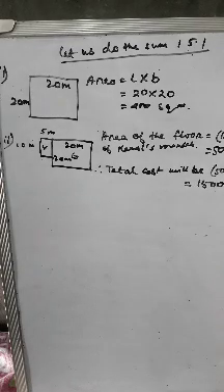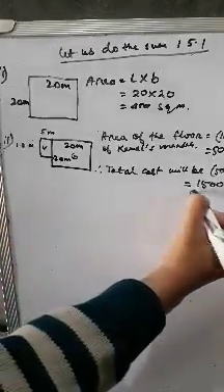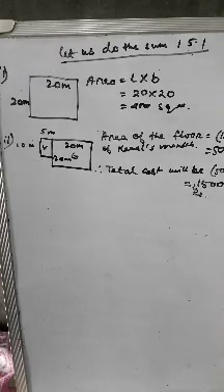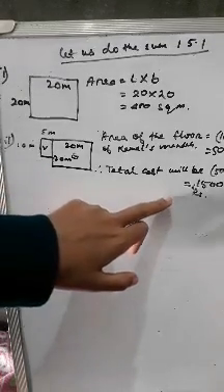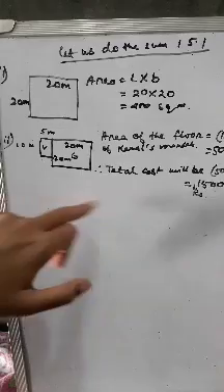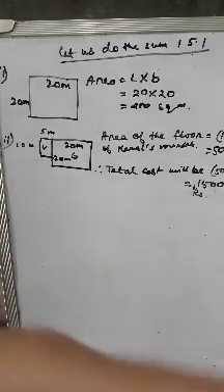So much rupees. This part is also done. So the answer statement: rupees 1500 will be the cost to repair the floor of Kamal's veranda. Don't forget to write the answer statement in the copy.